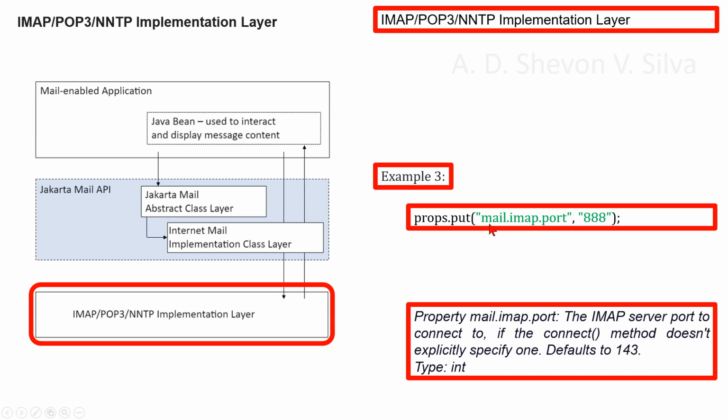Here the property mail.imap.port, the IMAP server port to connect to if the connect method doesn't explicitly specify one. Default to 143. The type of this property is int.